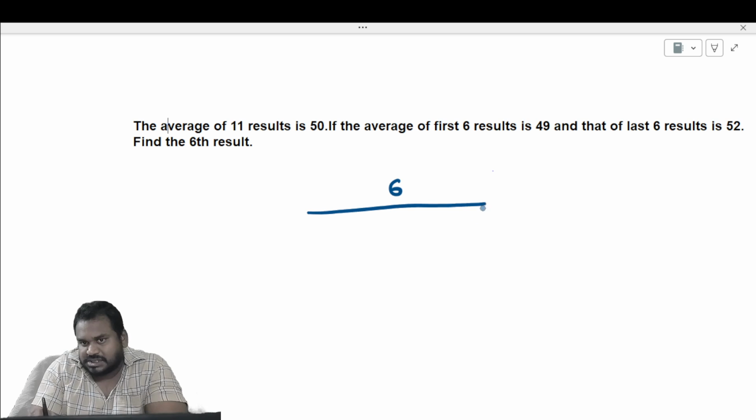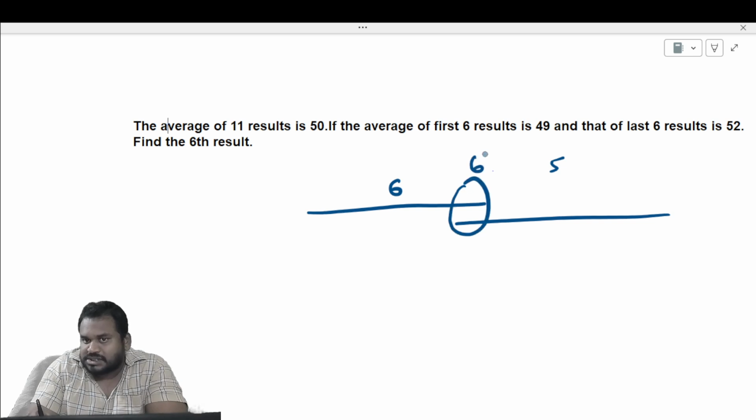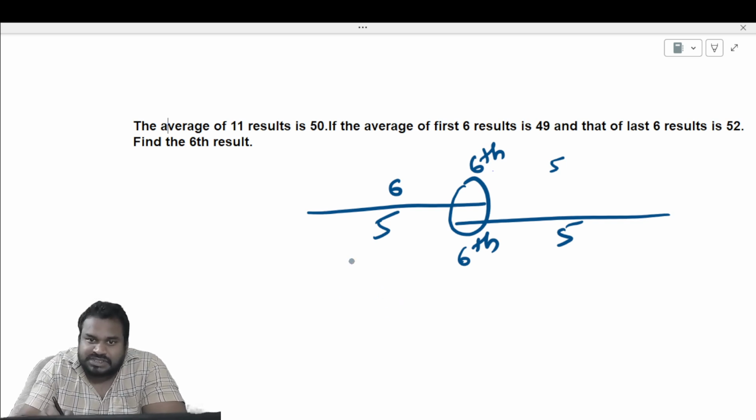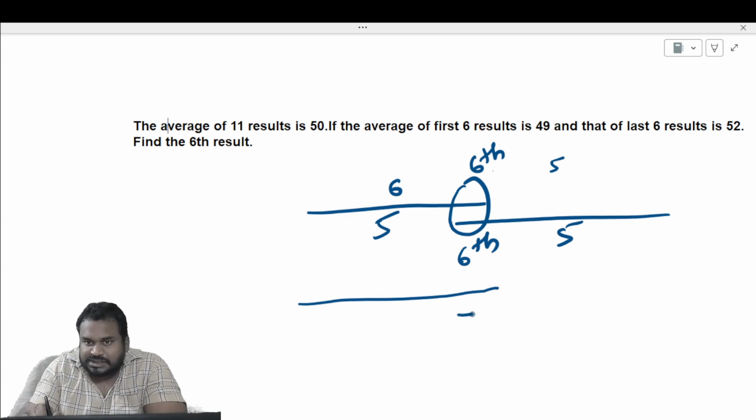First 6, and if 6 is completed here, there should be 5 more. Last 6 means there is a common value. The 6th is coming as common. So the first 6 means till here, and the last 6 means till here.